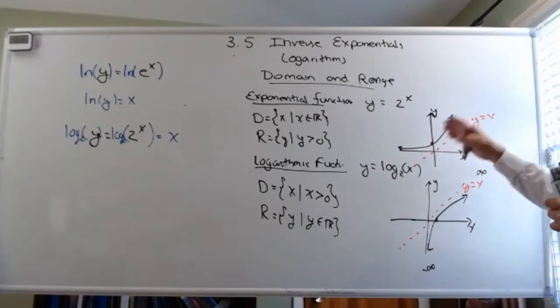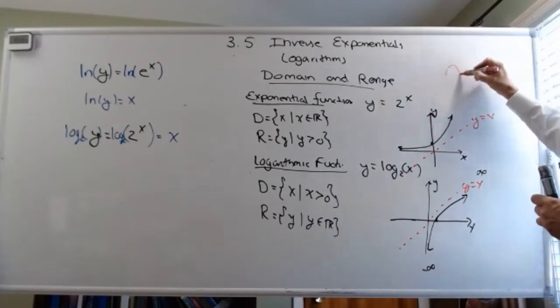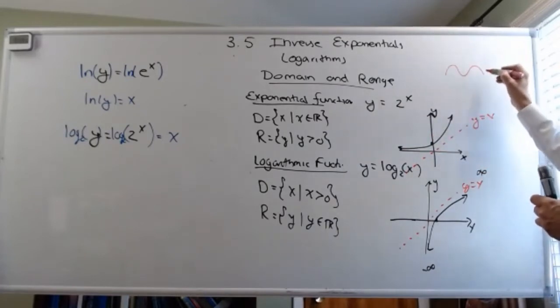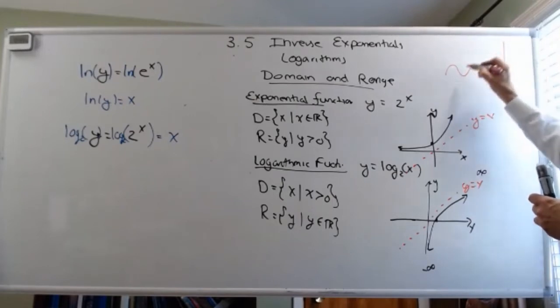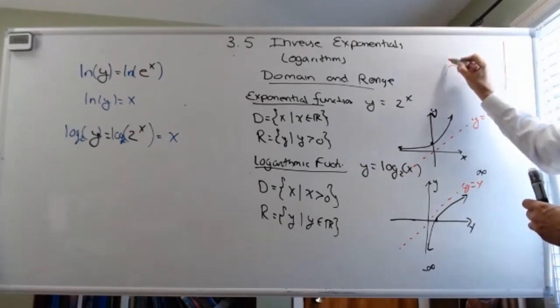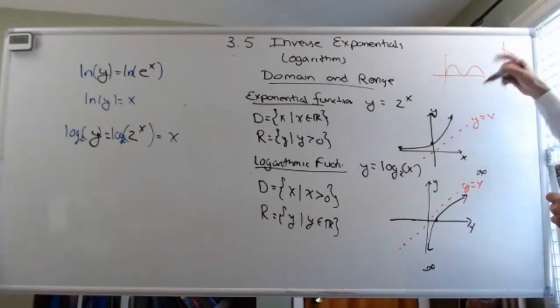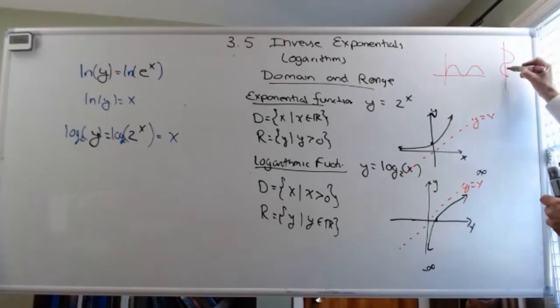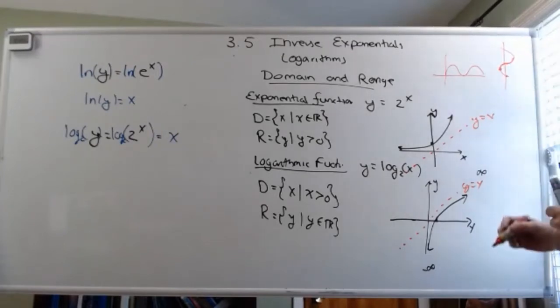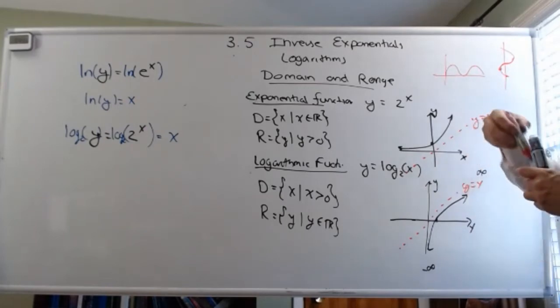Whereas with inverse trig, I went from that axis for the function to this axis for the inverse, and that was not a function, so I had to restrict it from minus pi over 2 to pi over 2. So that's a little bit different.